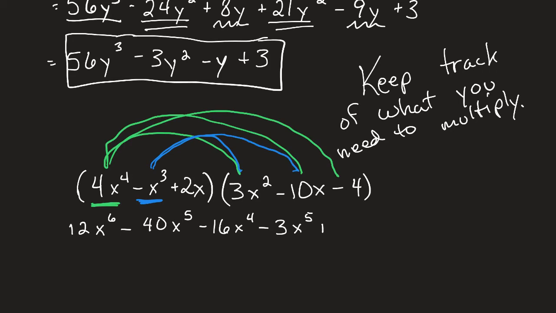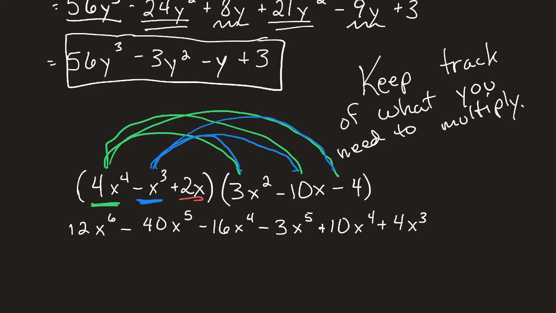That will be positive 10x to the fourth, because we have 3 x's and then we have 1 x. And then we take that x cubed and multiply it times that negative 4, and so that will be plus 4x cubed. And we finished with the second term in the first polynomial.